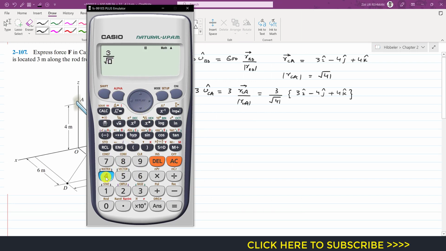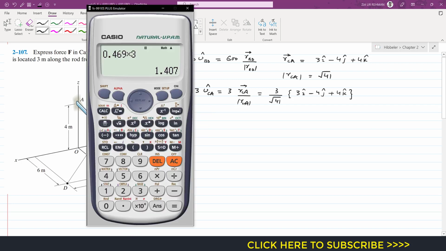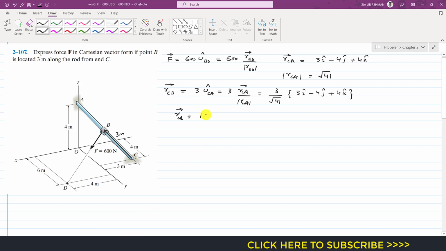So 3 divided by square root 41 is 0.469, multiplied by this 3, so this is 1.407. So RCB is 1.407i.